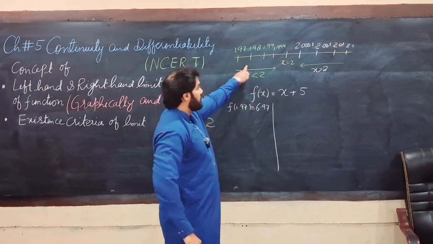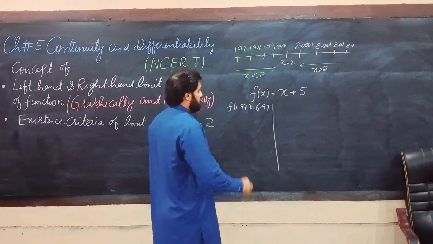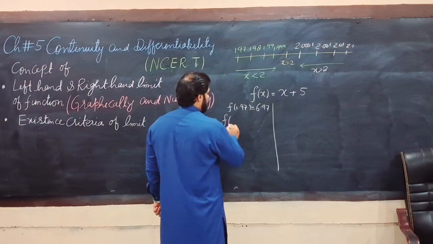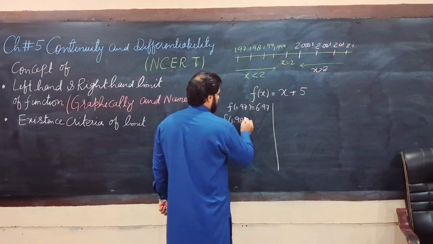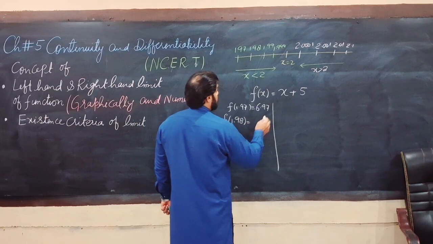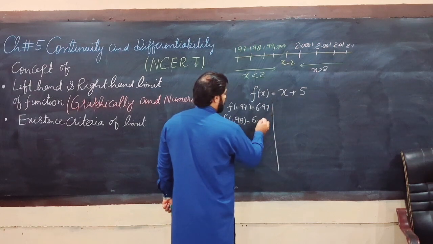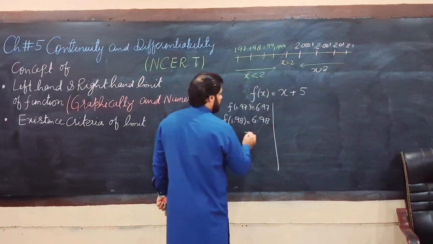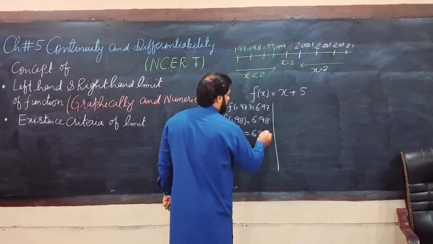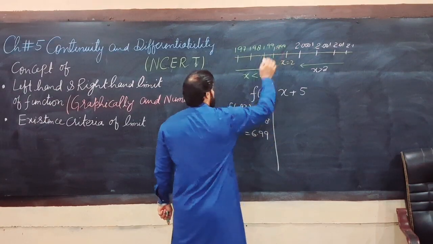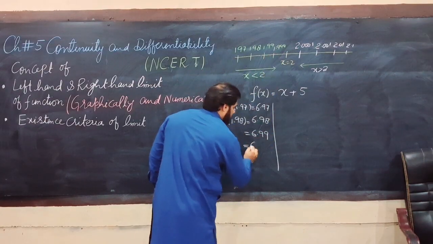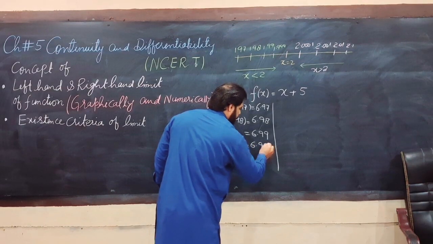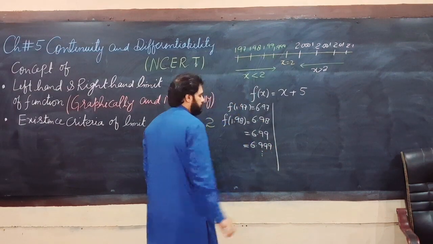If you put x is equal to 1.98, this becomes 6.98. When you put 1.99, this becomes 6.99. When you put 1.999, the answer is 6.999, and so on.